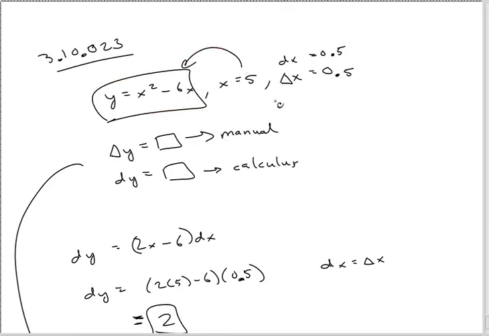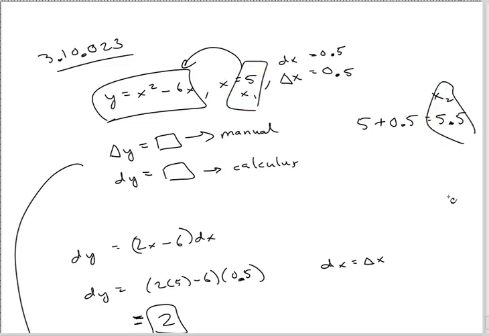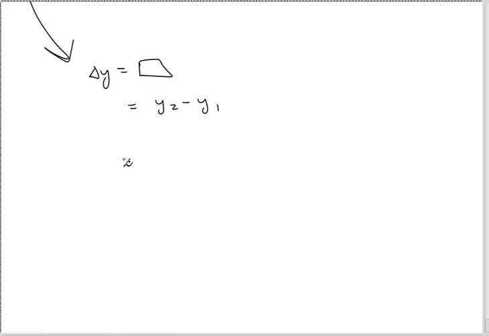But notice that my 5, I'm increasing it by 0.5. 5 plus 0.5 is 5.5. This is basically like an x2, and this is like an x1. So my x2 is a 5.5, and my x1 is just a 5.